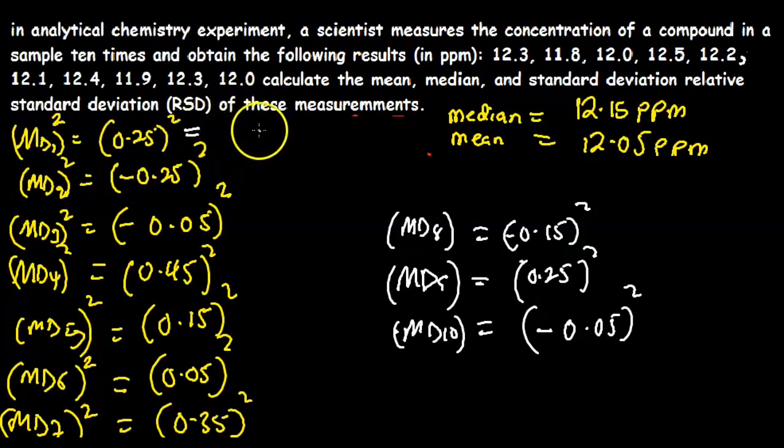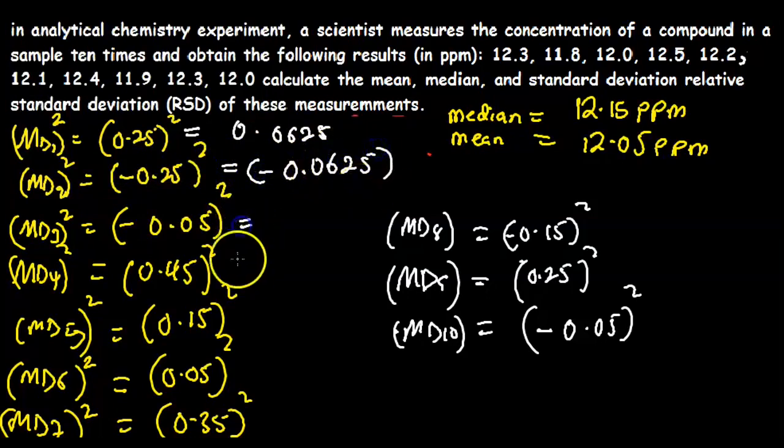This is simply going to be 0.0625. Negative 0.25, this is simply going to be negative 0.0625. Feel free to try it on your calculator, and let's provide the answer ourselves here. The 10th one, which is the last one, this is simply going to be negative 0.0025.